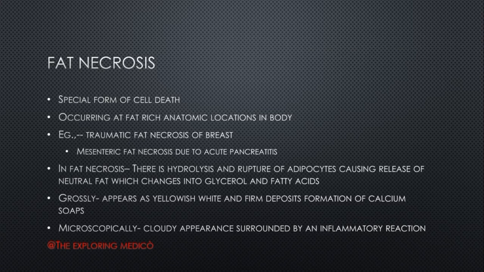In fat necrosis, there is hydrolysis and rupture of adipocytes causing release of neutral fat, which changes into glycerol and fatty acids. Grossly, it appears as yellowish white, firm deposits with formation of calcium salts. Microscopically, there is a cloudy appearance surrounded by an inflammatory reaction.